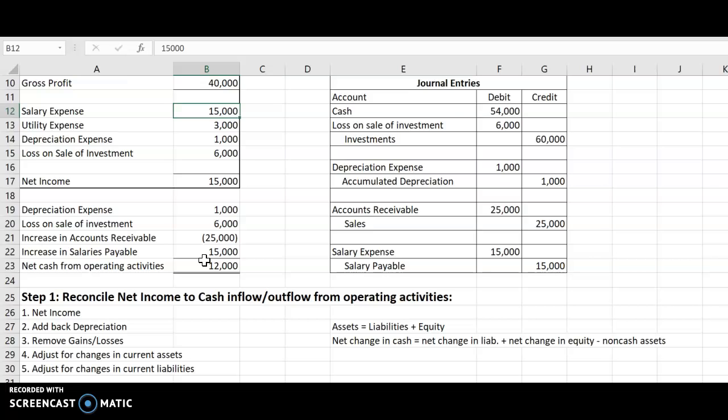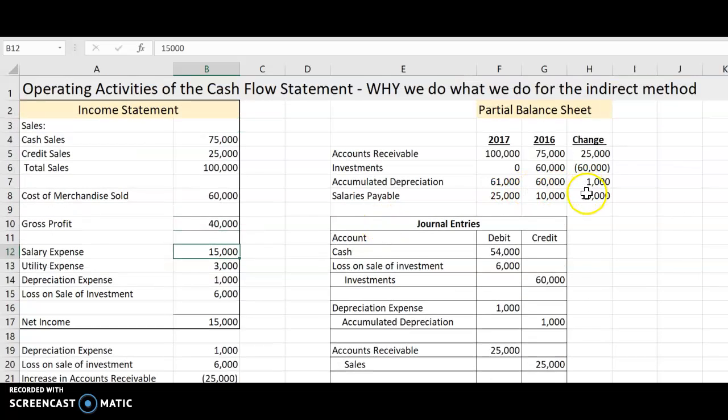And again, normally you couldn't see that on the income statement. So instead, we would go and look at the balance sheet, at salaries payable. Okay. So it went from 10,000 to 25,000. So in other words, I'm holding on to some cash I haven't paid out yet.